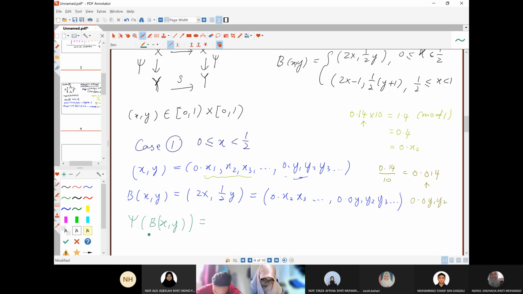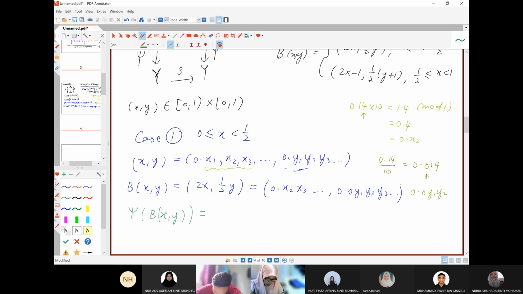For this case, again, I write it as this. Okay, kita ada dua double sequence. So the tengah ni, and then we have 0, 1, 2, 3, and so on. And the order of -1, -2, -3, -4, and so on. Okay, apa values dia kat sini? So sekarang 0.